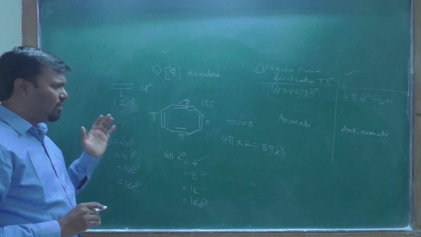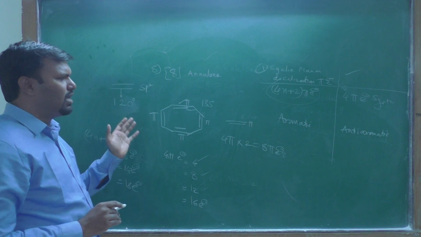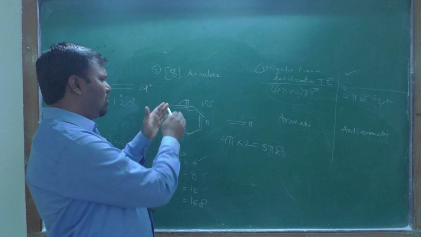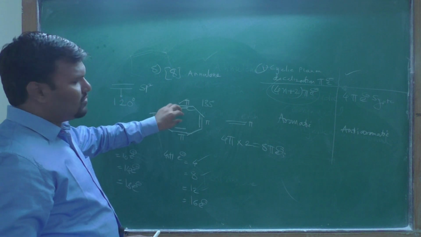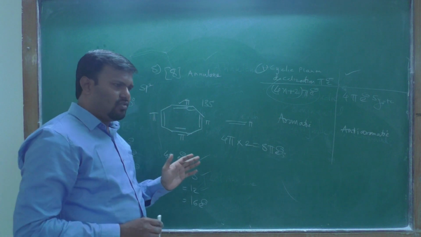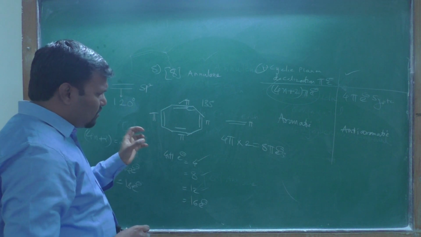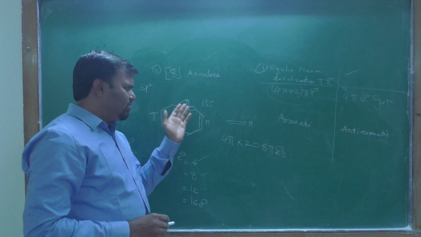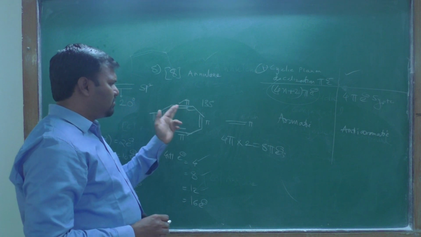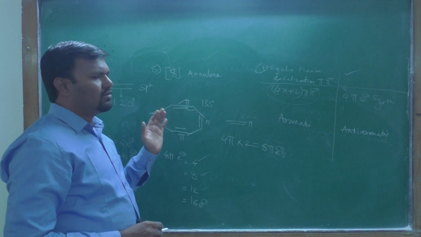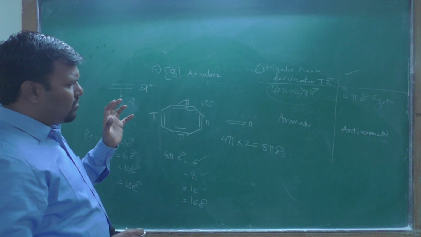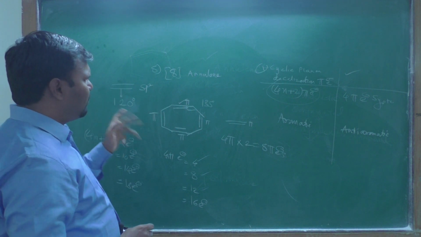For sp2 hybridization you should expect 120, but when the molecule takes a shape like this, the angle would be 135, so it deviates.